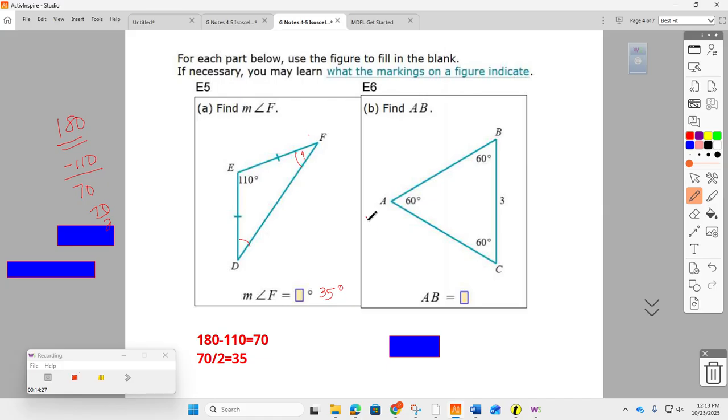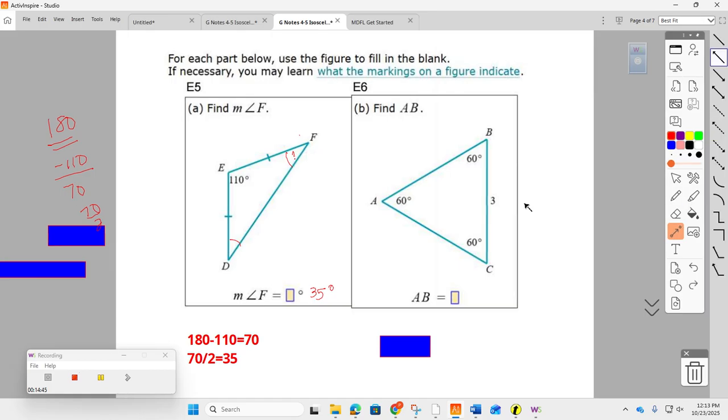So they don't show us the sides here, but we have to know now that we learned about equilateral triangles, if any 2 angles are congruent, the sides across from those have to be congruent. So while we don't know the side lengths of these 2, we know that they have to be congruent because it makes all of these base angles, right?